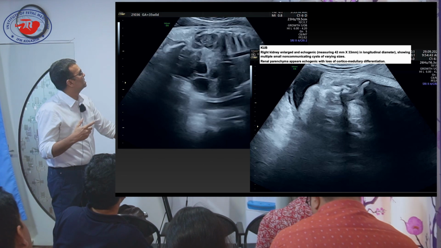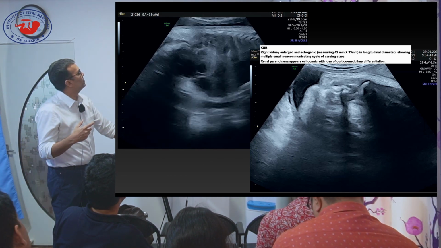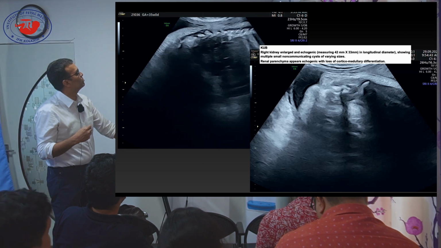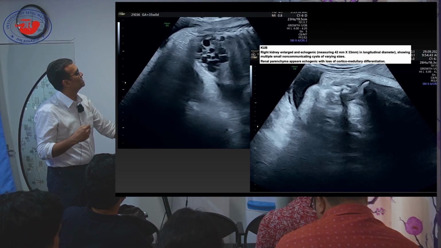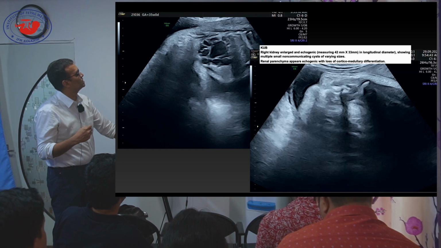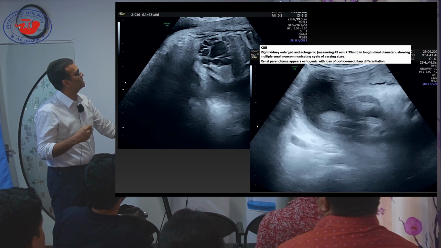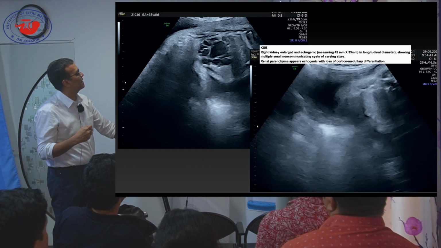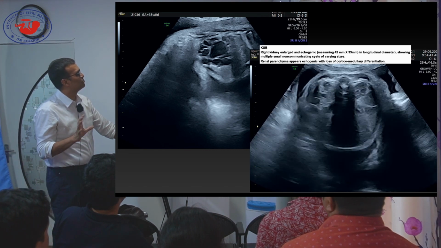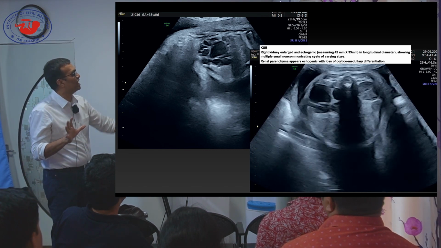Now this is at 35 weeks, right kidney enlarged, echogenic, showing multiple non-communicating cysts of variable sizes, and renal parenchyma echogenic with corticomedullary differentiation. What is the diagnosis for this? So this is plain simple multicystic dysplastic kidney. Why have I put this here?